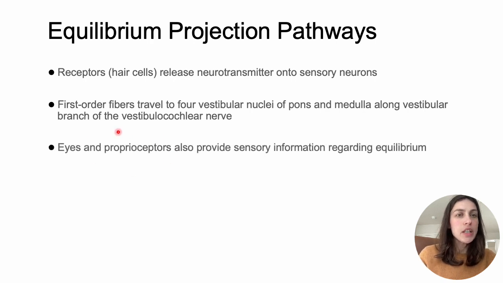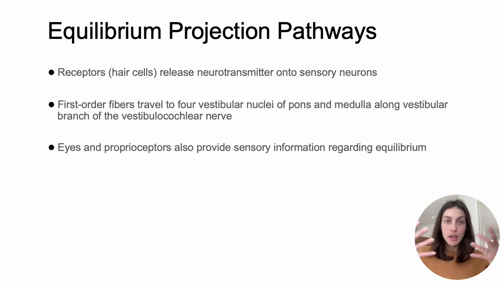The eyes and other proprioceptors in our joints provide sensory information that will be combined with what we're getting from our inner ear, thus giving you your overall understanding of your position in space and of your movement.